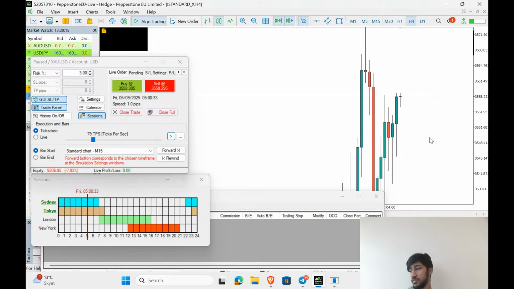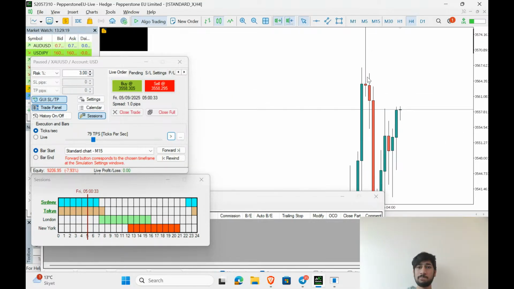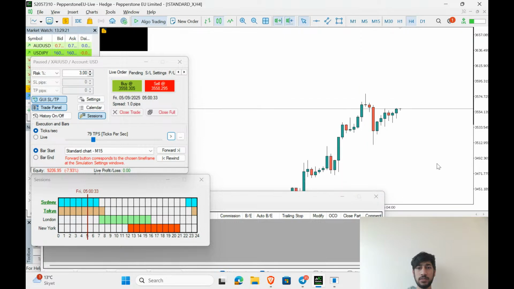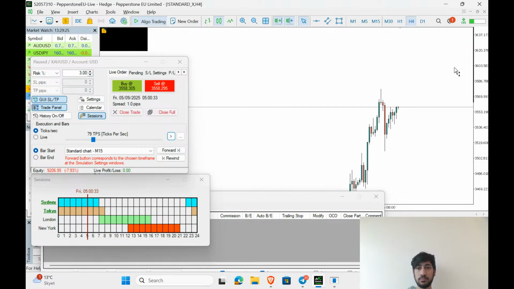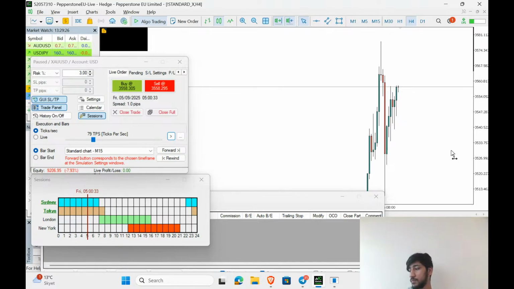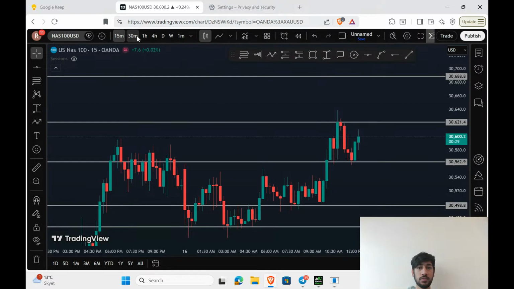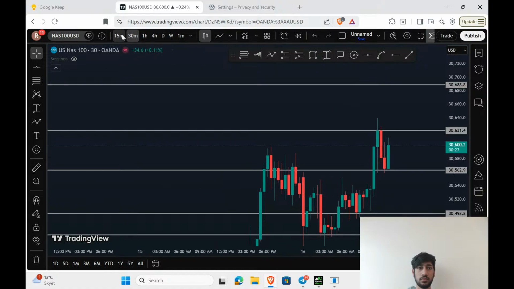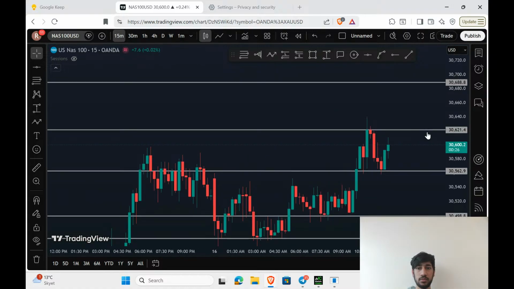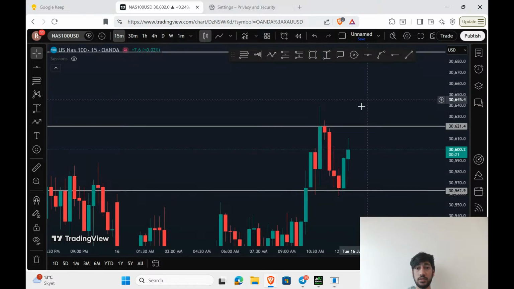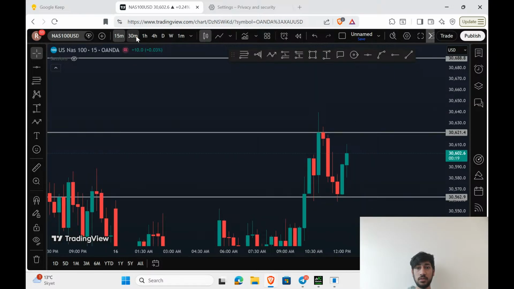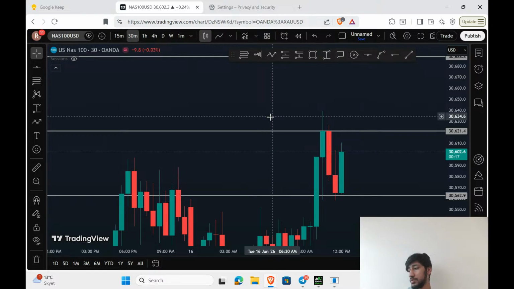H4. We are bullish. Again coming to all-time high, brother. M30 is closing bullish. M15 it's closing bullish. Weak body bullish, but still it's closing bullish. So let's see.